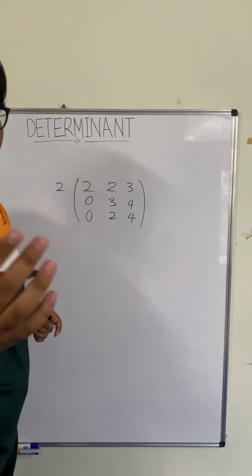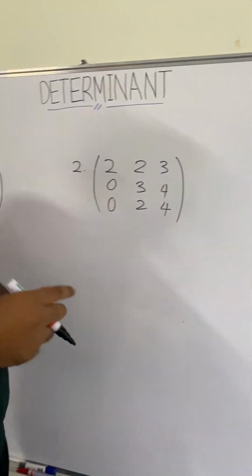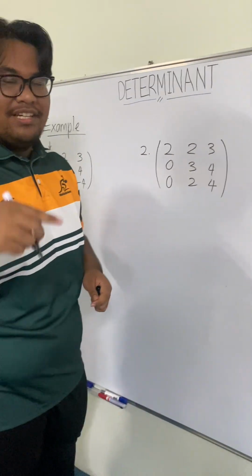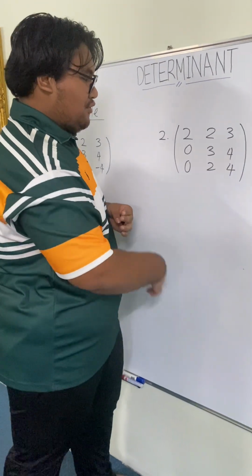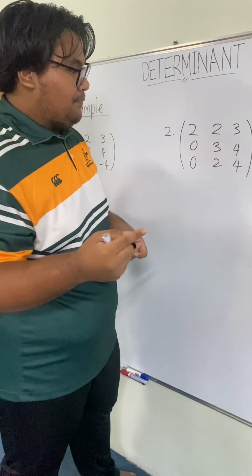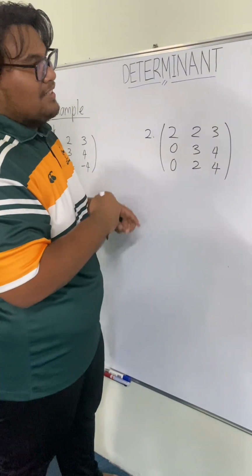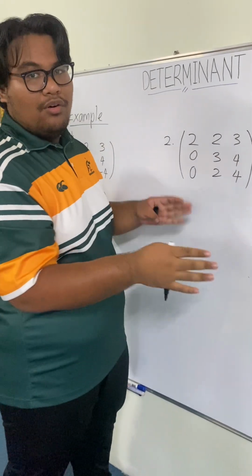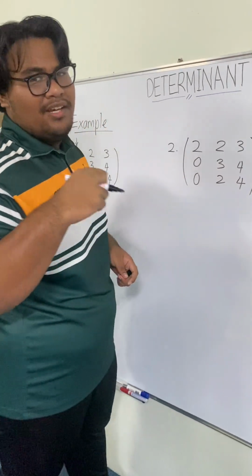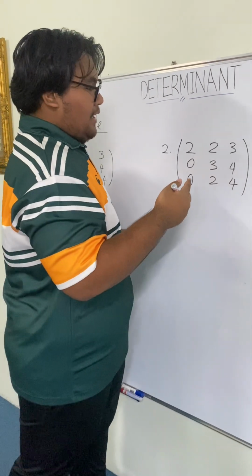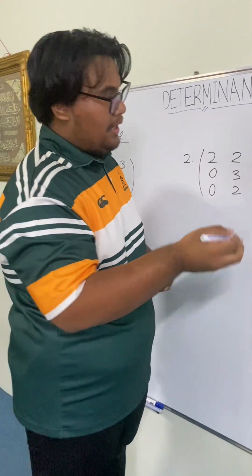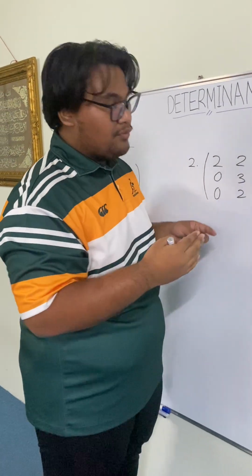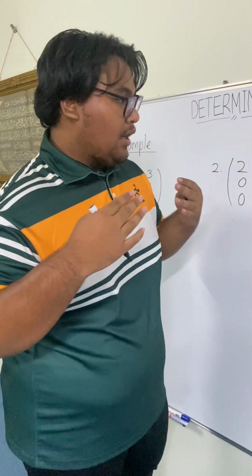Like I say, the first step is you have to choose one row or one column. No matter what row or what column, you just choose one. But if in the matrix the question has a 0, you have to choose that column or row.